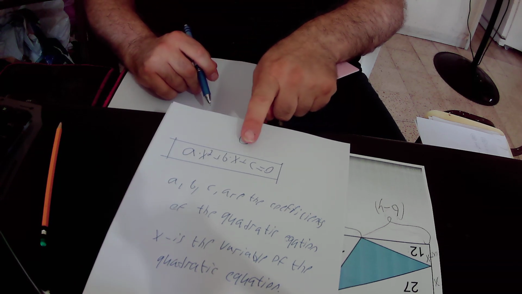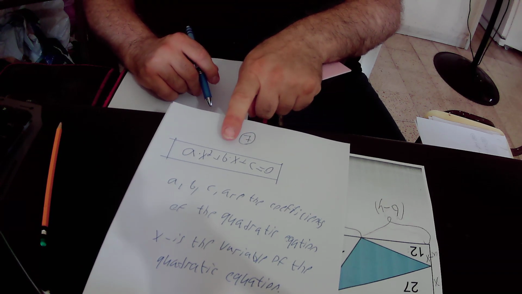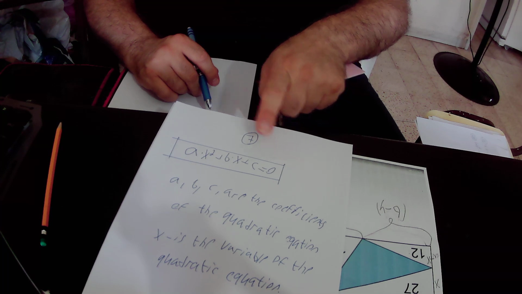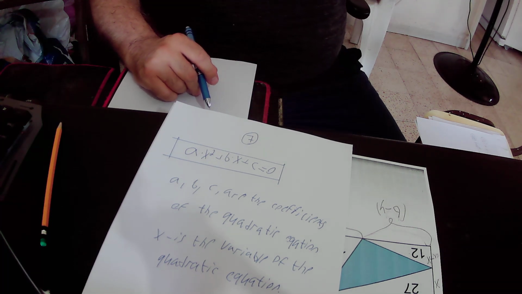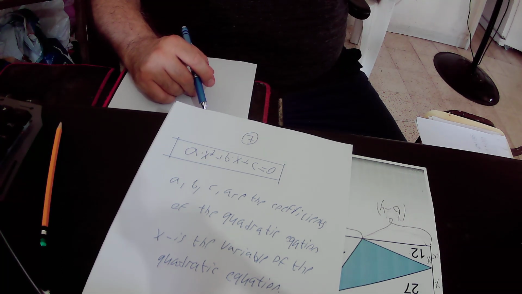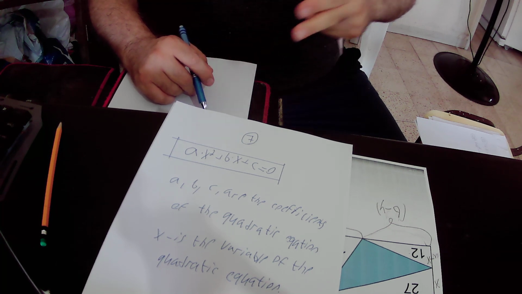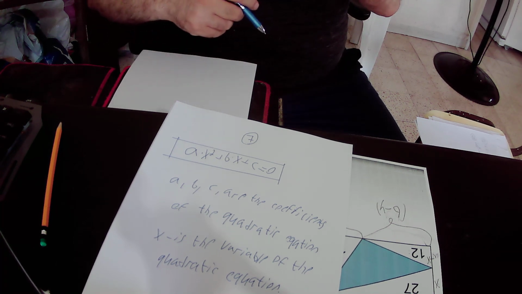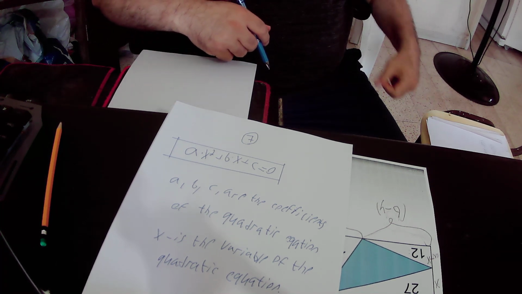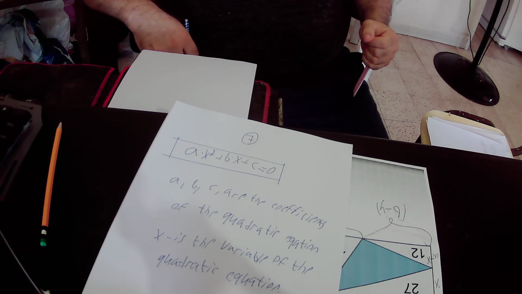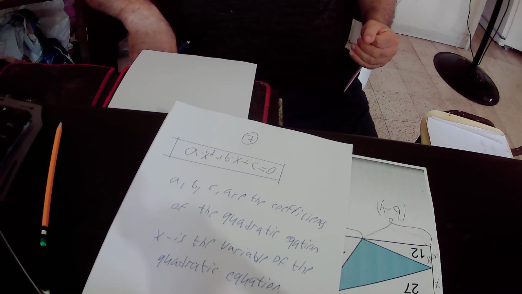Consider ax squared plus bx plus c equals 0. x is the variable of this general quadratic equation, and we usually want to find the value of x.